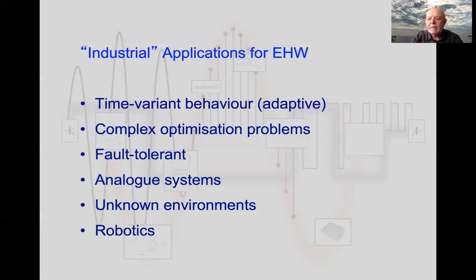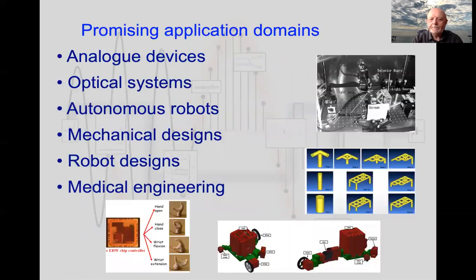Analog circuits, I think they're more interesting for evolution than digital ones. The digital ones are maybe more straightforward in design processes, where analog is trickier. Unknown environments, where we actually want things to change because we don't know what it's going to face. And also robotics. We'll see an example in robotics in the next lecture.